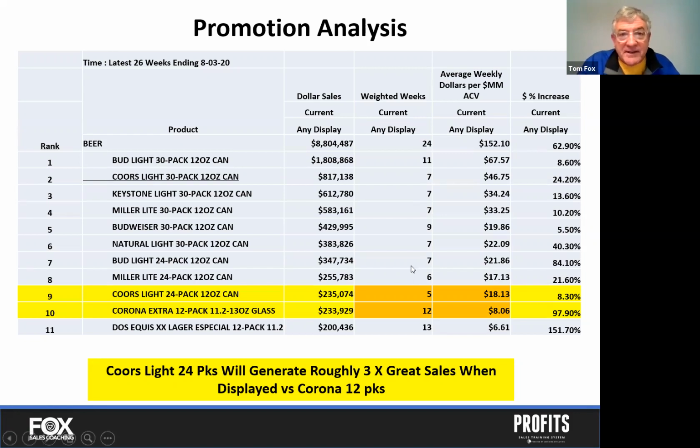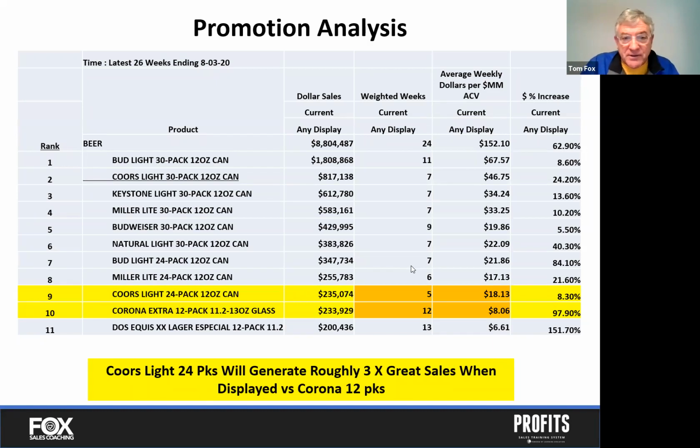Availability in this case is what we call weighted weeks. This particular measure is weighted weeks any display, but you could get weighted weeks feature and display, weighted weeks feature, weighted weeks TPR, really under any of the promotional conditions available to you, because that tells us who got the real estate. In this case, who got the floor space.